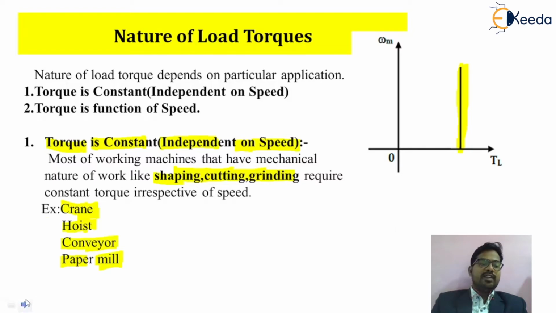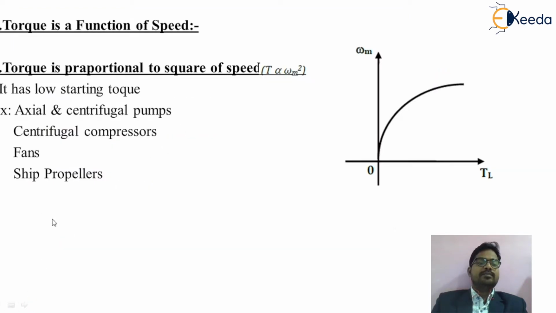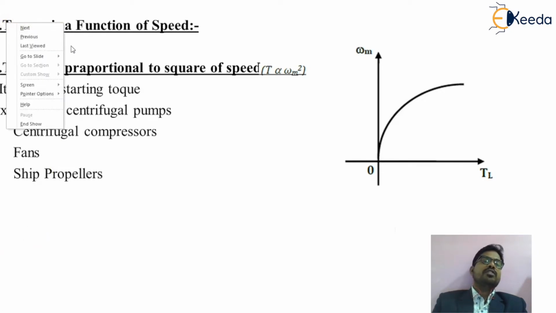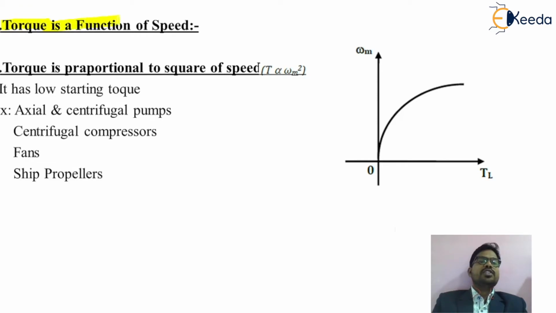After that we will study the second type of nature of your load torque, in which the torque is a function of speed, that is, torque is dependent on the speed.